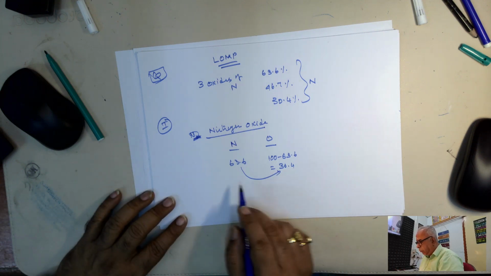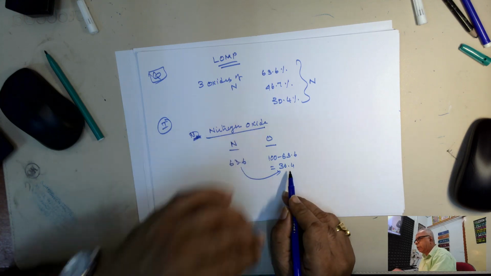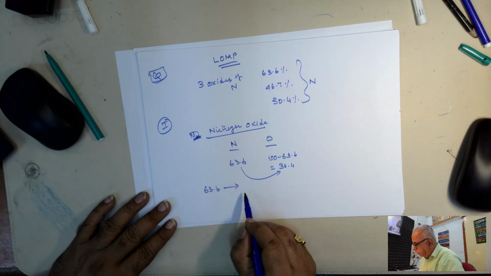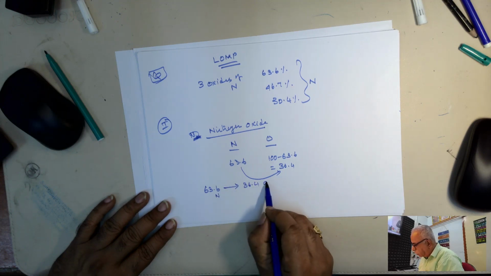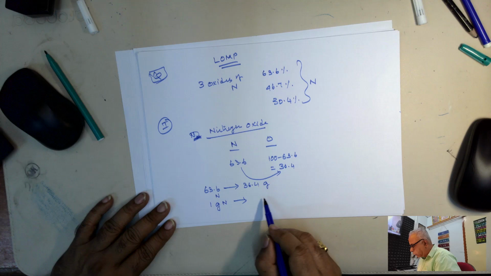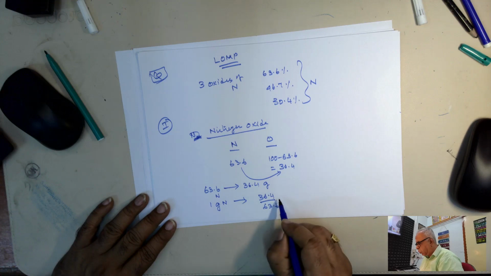Now we know very well 63.6 of nitrogen can react with 36.4 of oxygen. Therefore, 1 gram of nitrogen can react with how many grams of oxygen? So 36.4 divided by 63.6, into 1.